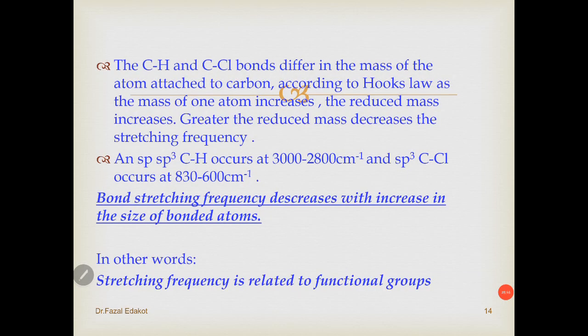So listen, there is a C-H. The C-H and C-Cl bonds differ in the mass of the atom attached to carbon according to Hooke's law. As the mass of one of the atoms increases, the reduced mass increases.